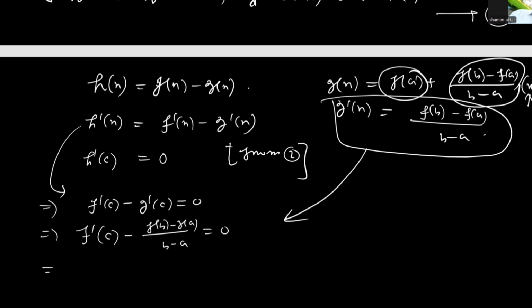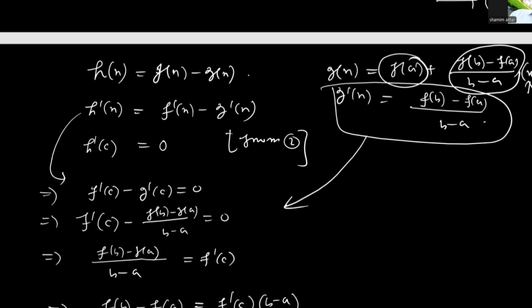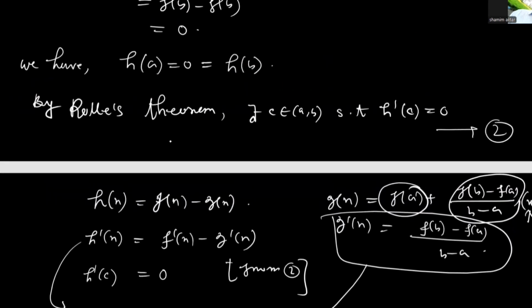So (f(b) minus f(a)) divided by (b minus a) equals f'(c), and this gives f(b) minus f(a) equals f'(c) times (b minus a), and hence the proof. Also, Rolle's theorem was already discussed in the previous lecture.